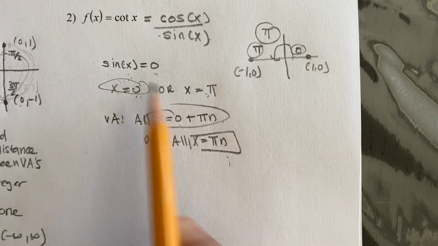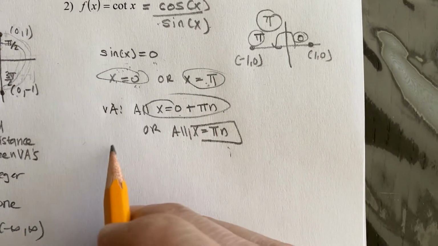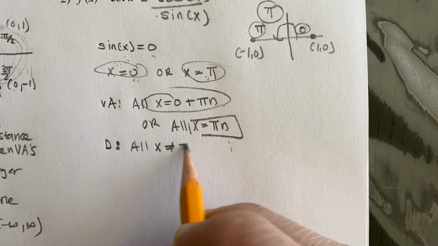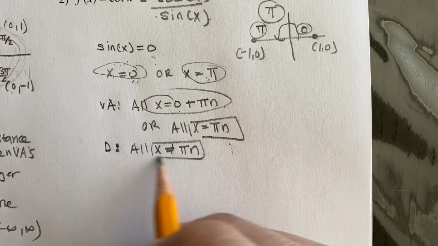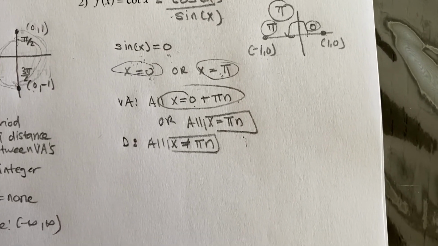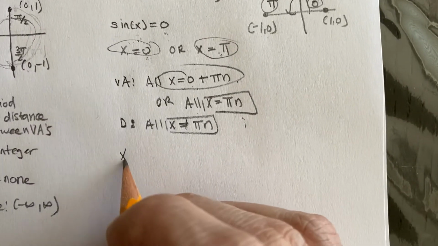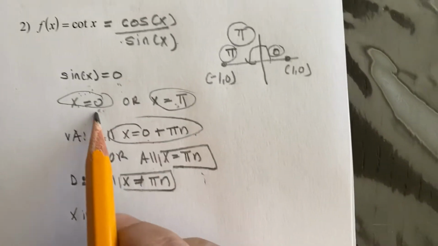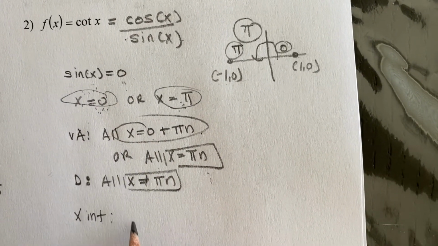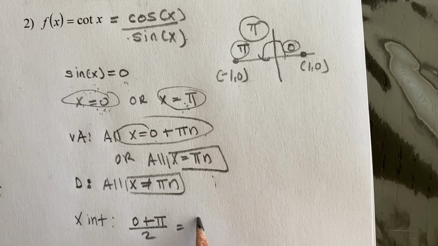Our first two VAs are 0 and pi. And while you have the vertical asymptotes, why don't you state the domain while you're at it? You could say all x cannot equal pi n, right, where n is an integer. And based on your knowledge of the previous problem, you can actually calculate the x-intercepts by finding the midpoint of these two VAs, right? The midpoint of these two VAs is found by saying 0 plus pi, and divide by 2.